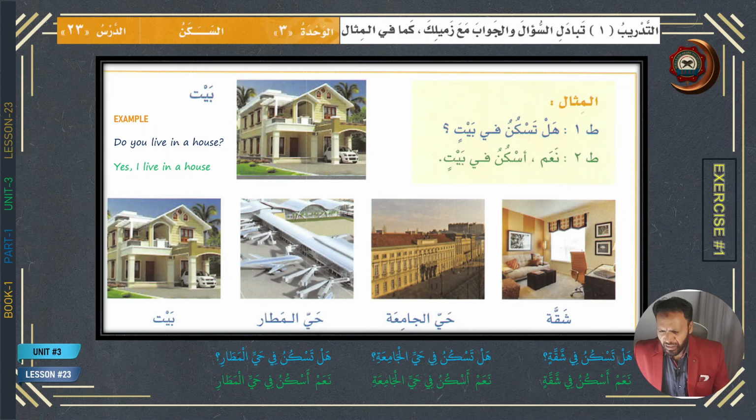So it doesn't take kasratain, it takes only a single kasra. Why are you making it light? What is the reason for it to be light? By default, every ism is heavy, right? So it should be fi baitin.